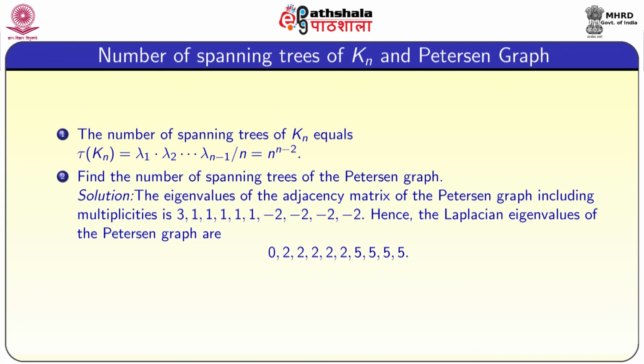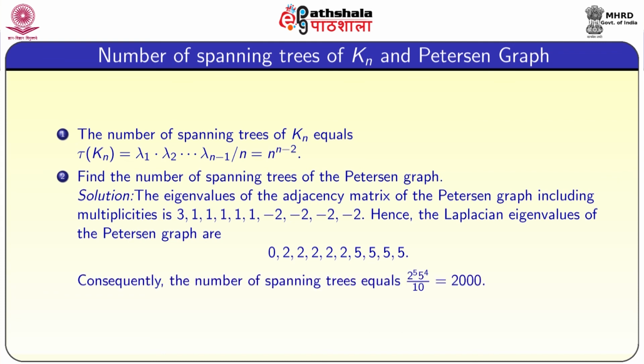So consequently the number of spanning trees is equal to 2 power 5 into 5 power 4 by the number of vertices, that is 10. So that is exactly 2000. So the number of spanning trees of Petersen graph is 2000.